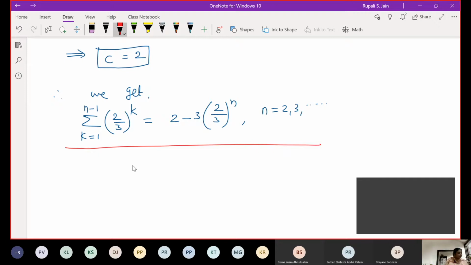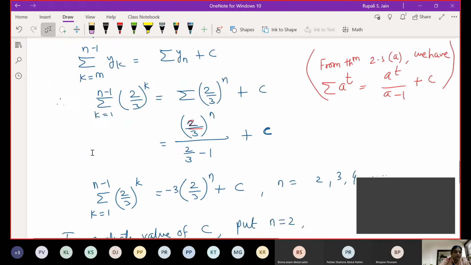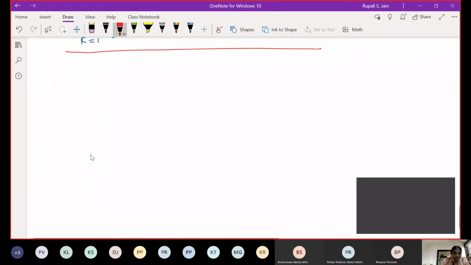Now we compute another example, 2.8. Compute summation k is equal to 1 to L, k square.